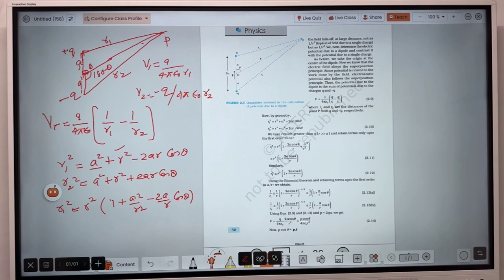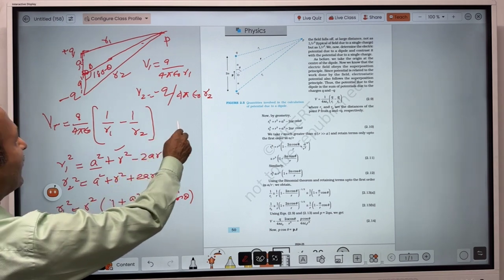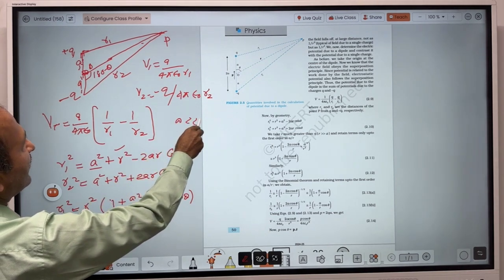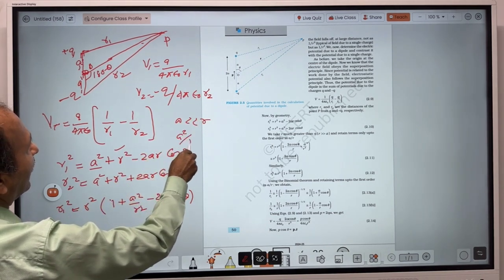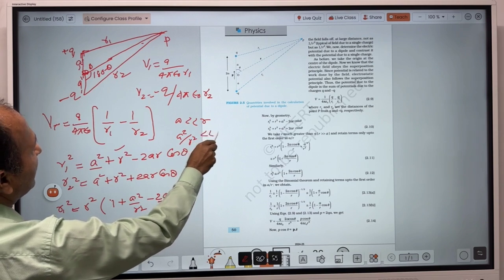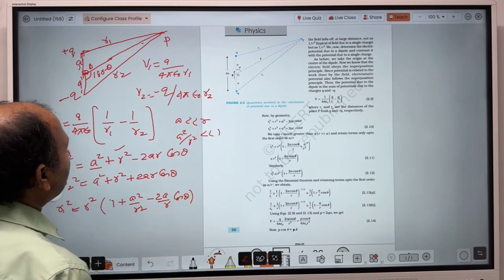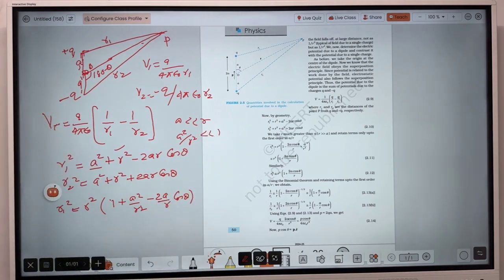No? Good. Here we will do a certain approximation. We will assume that a is less than R. So a square upon R square is much less than 1. So it is very small, and we can ignore it. If we ignore it, then R1 square equals R square times 1 minus 2a upon R cos theta.